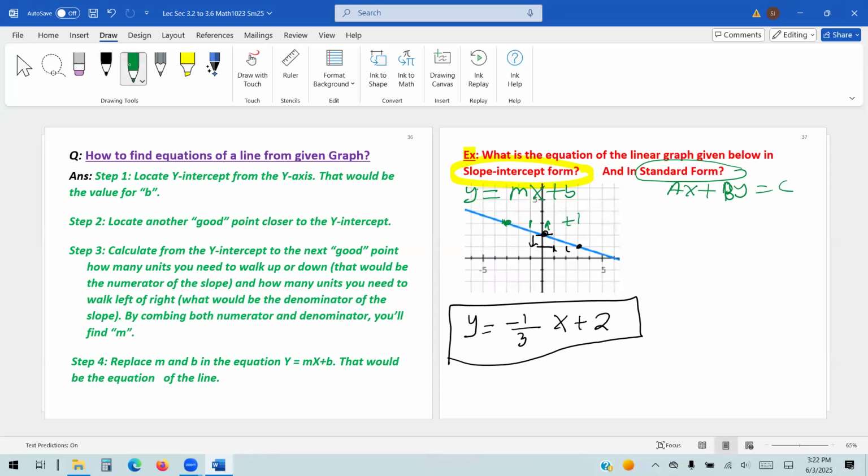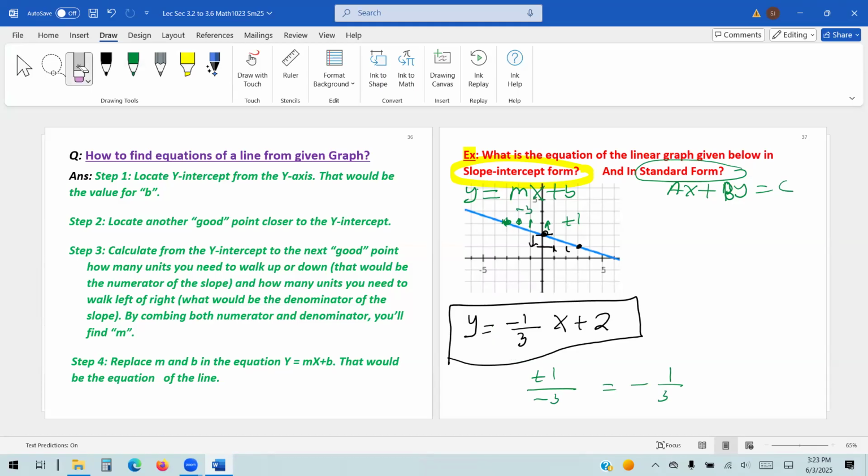You're going left. 1, 2, 3 units. Going left means which sign? Negative. So positive 1 over negative 3. What do you have? Negative 1/3. Do you have the same thing? So it doesn't matter which direction you go, you'll end up getting the same slope.